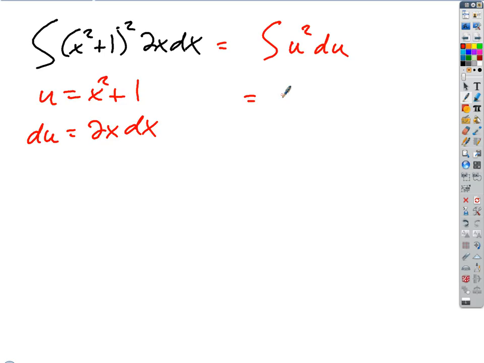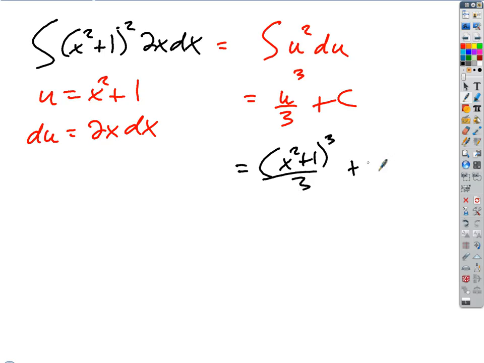Okay, but let's do it in terms of u first. So u to the third over 3 plus c, you're good. So if we reverse the substitution then, we get the quantity x squared plus 1 cubed over 3, or 1/3 times, however you want to write it, either way.